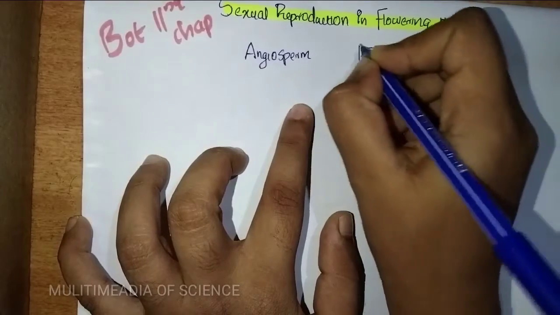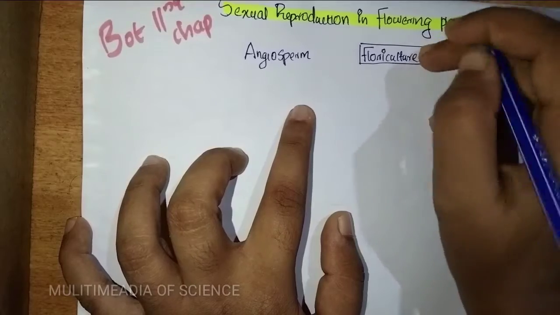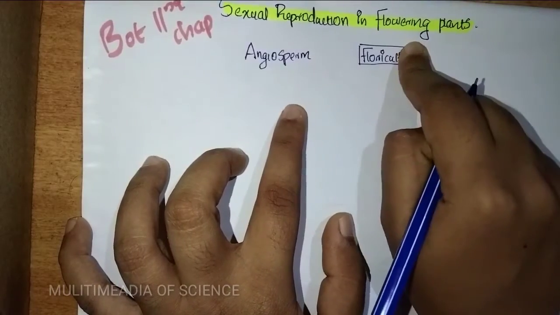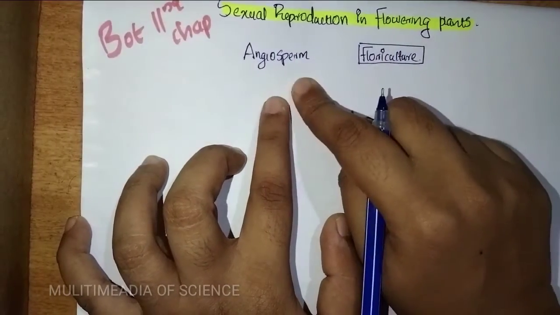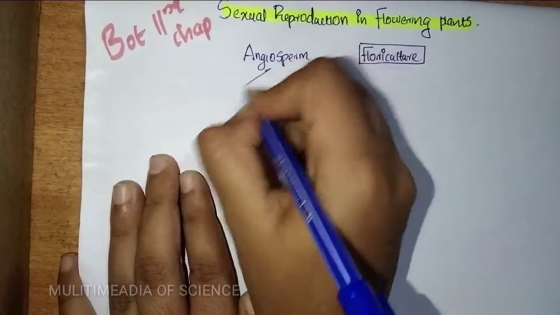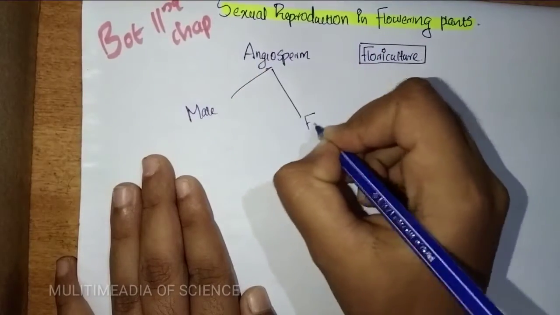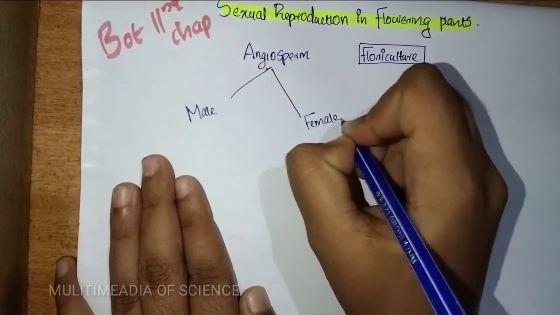Floriculture. So what do you mean by floriculture? It is a question given in the NCERT textbook. Then angiosperms are flowering plants, and in them male and female reproductive systems are there.